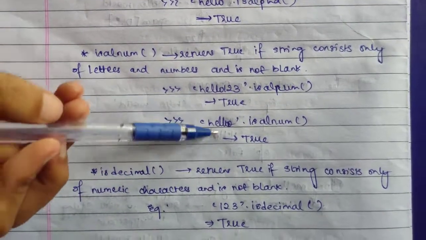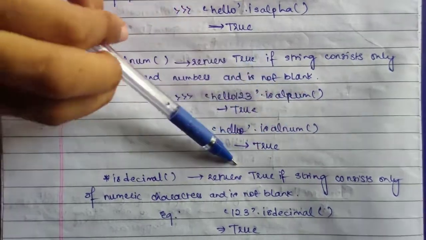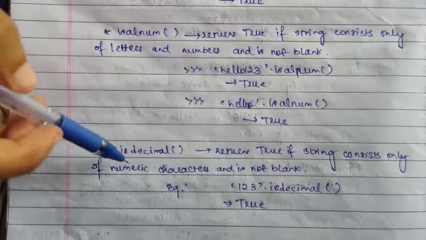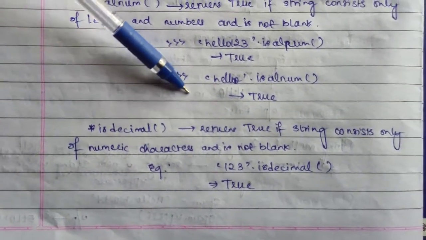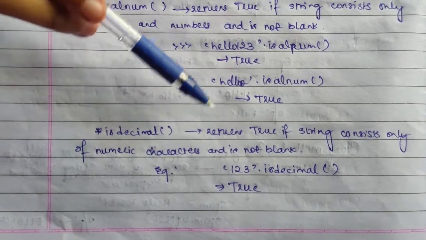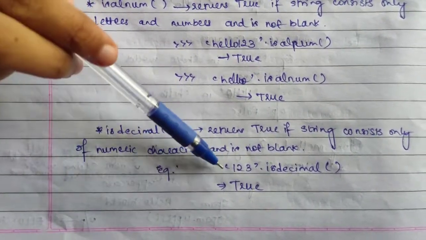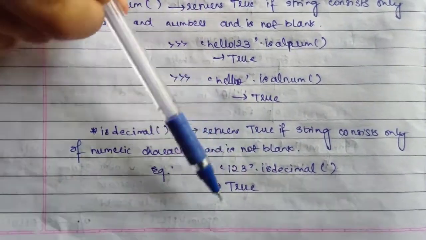And even if it's only alphabets, that is hello.isalnum(), it will return true. So that is about the isalnum method. Next you have the isdecimal method. In the isdecimal method, it will return true if all of the literals in the string are numeric characters. So here it is 123.isdecimal(), since all of this is numeric characters, it will return true.